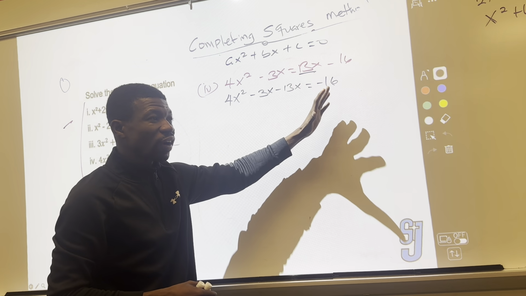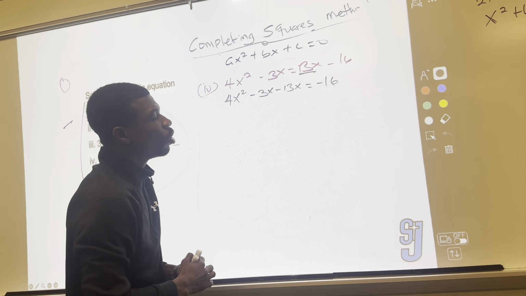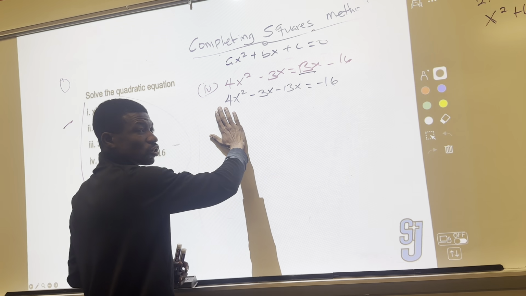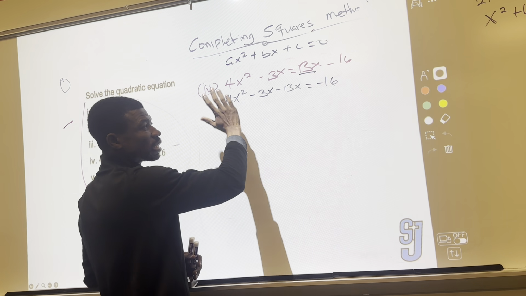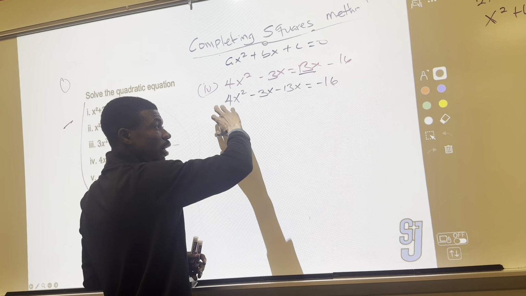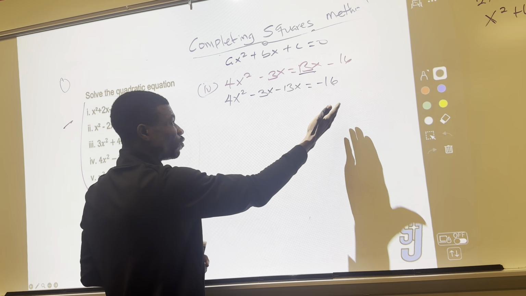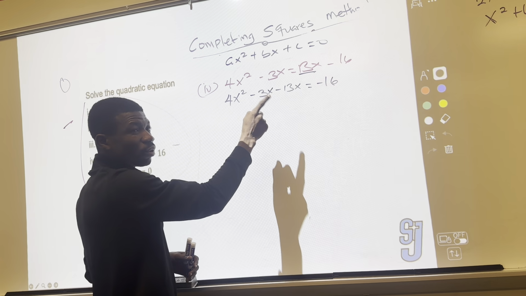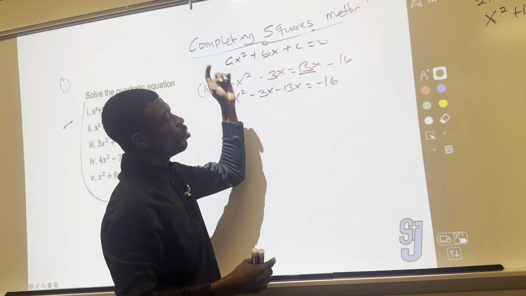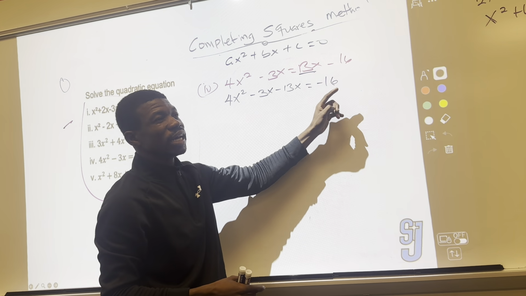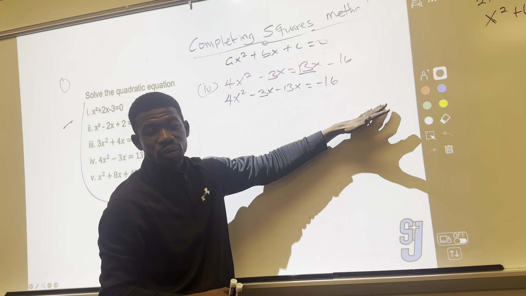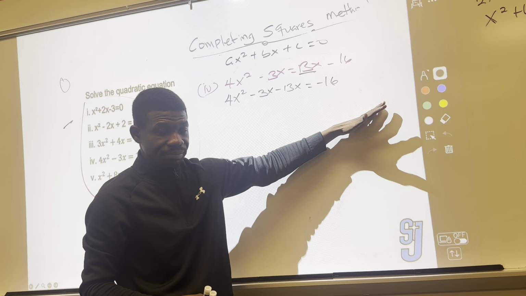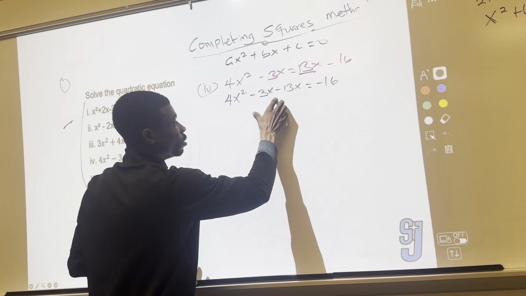Factoring ensures that we move everything onto the other side of the equation. But for completing squares, although we have to make sure that we write the equation in the standard form, we'll still eventually move it out. And so if you have it on the other side of the equation, there's no need moving it again.